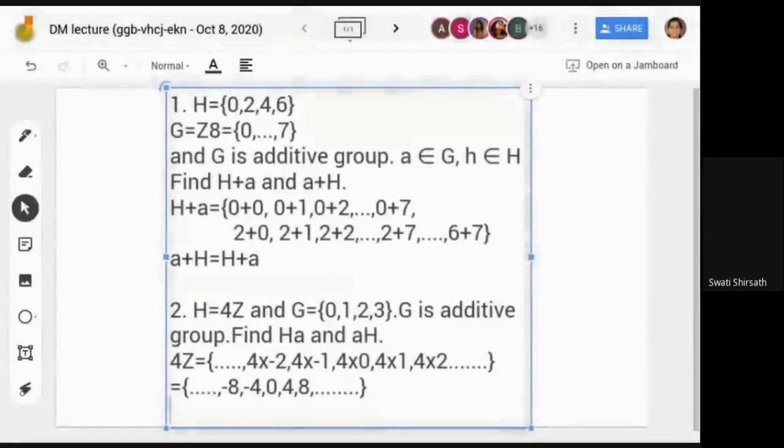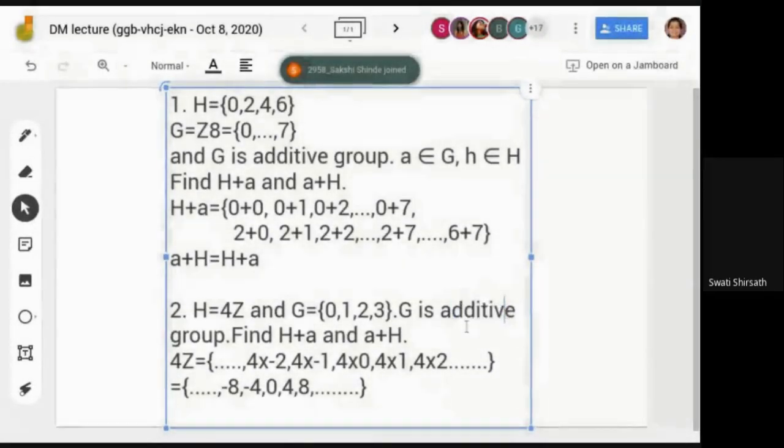You have 4Z, it means you have H, you have G. Find out HA and AH, nothing but H plus A and A plus H, because it is additive. Ma'am, so we have to consider HA and AH to be H plus A and A plus H always? No. What is the operation given here? Addition, no? Yes. That is why we are taking plus. If it is given that G is a multiplicative group, then we'll take multiplication over here.